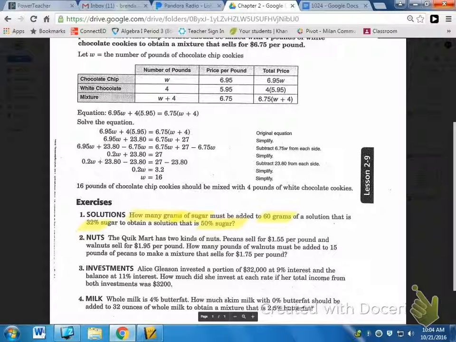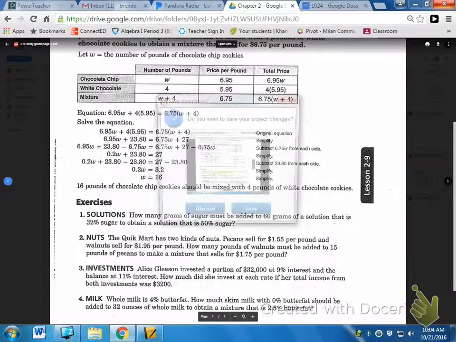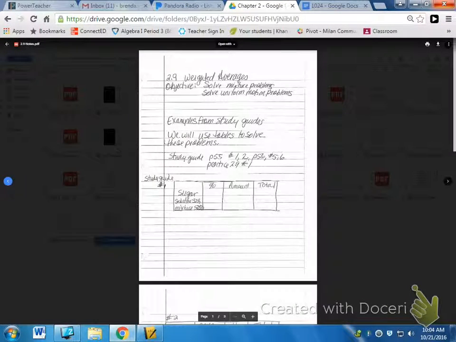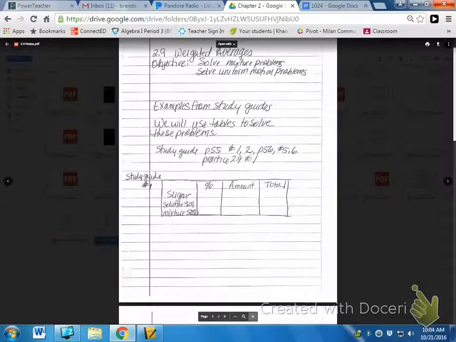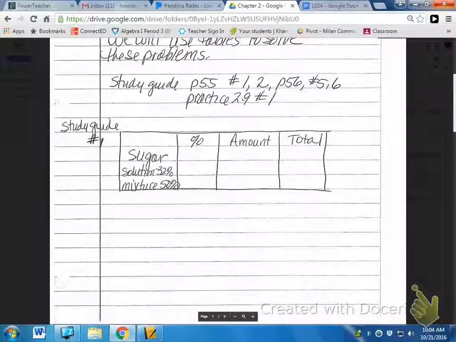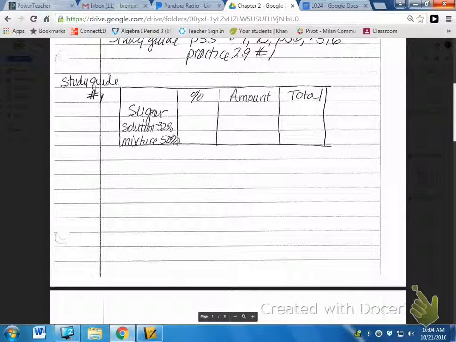Okay, now I'm going to go back. You guys keep that problem up on your screen, and I'm going to show you what you would do with that. When the problem states that it has sugar, or orange juice or anything like that, it's 100% of what they're talking about. It's not a solution that's a partial percentage.